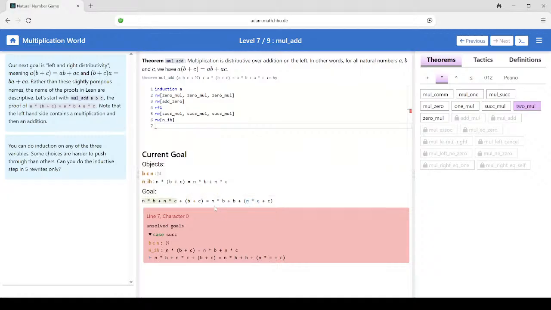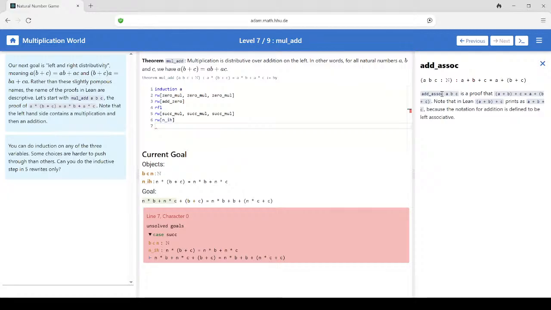Yeah, n times c, n times b, n times c, n times b. We don't need to move around any of the multiplications. We just need to move around the additions that are adding the multiplications together. So I think we need to change our parentheses somehow. But I don't know how to do that.